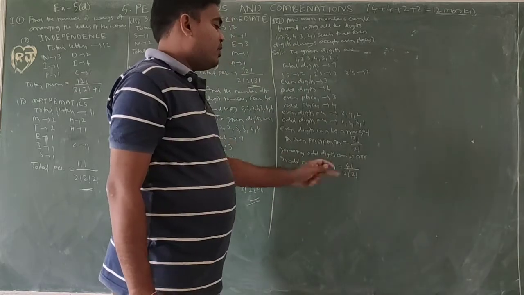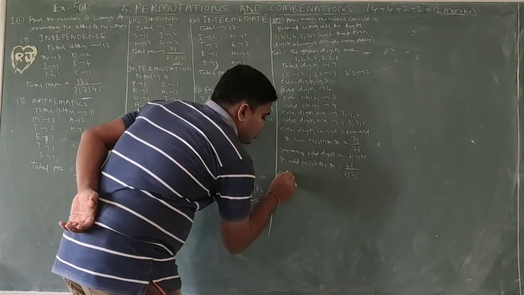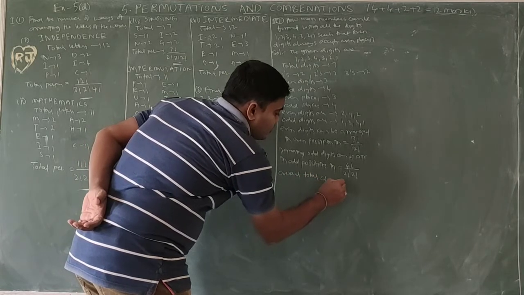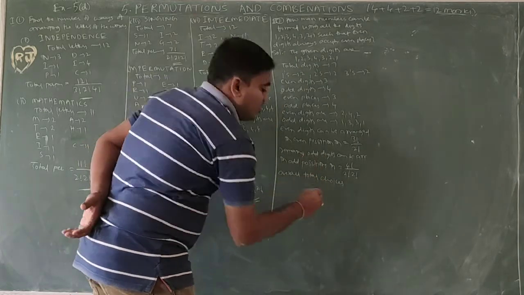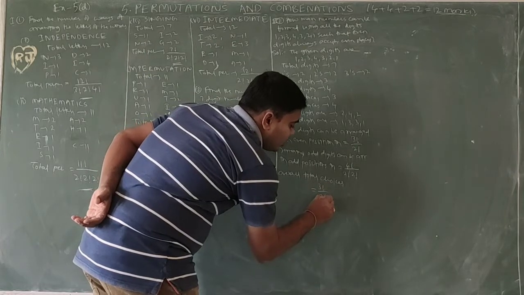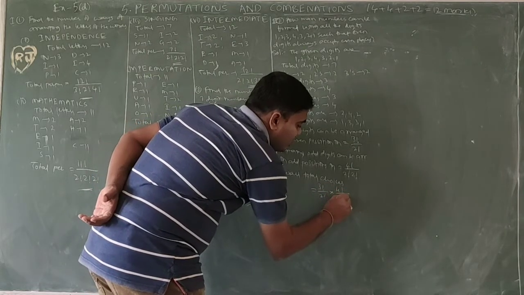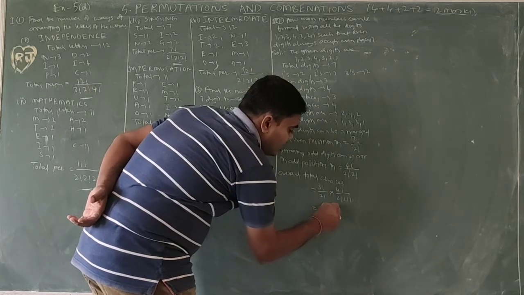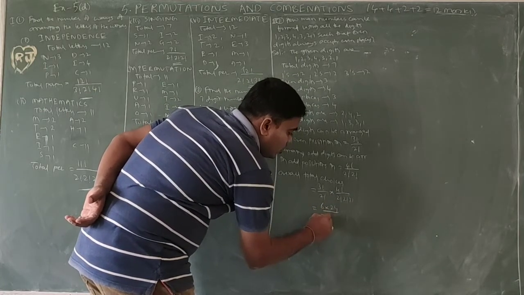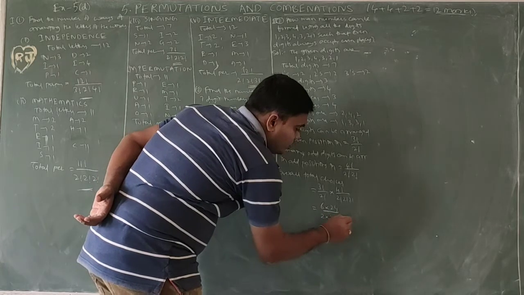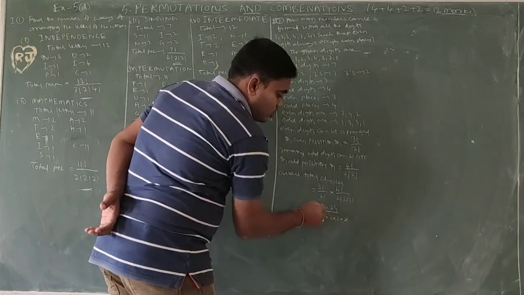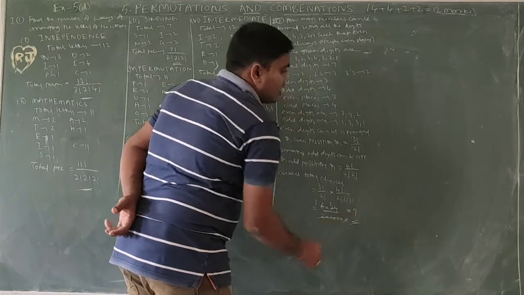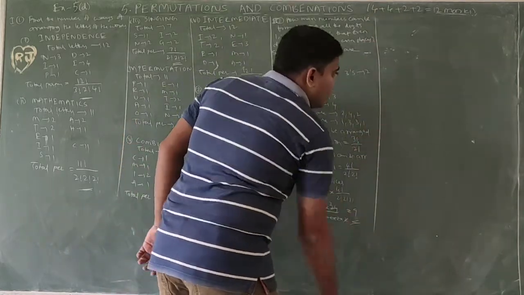So overall total choices equal to 3 factorial by 2 factorial into 4 factorial by 2 factorial, 2 factorial. This is 6 into 24 by 2 into 2 into 2 into 2, which gives 3 into 3 into 3 equals 27. So this is the required answer.